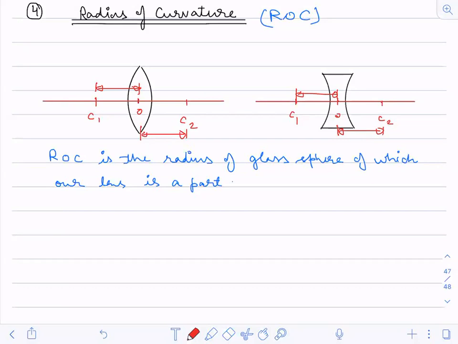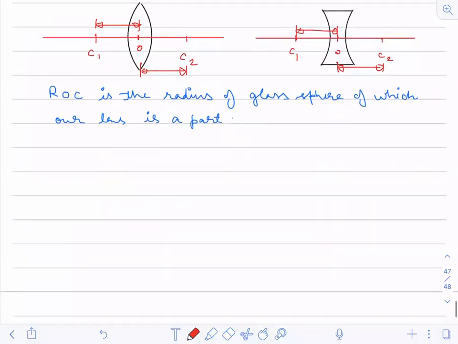Why should we take the distances from the center? Because that's the origin. This is just a convention, dear. We have to measure the distance, so one point should be considered as our origin, like in a coordinate axis, like in a graph.